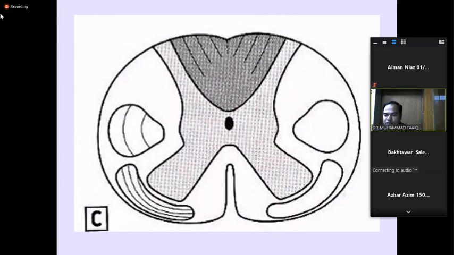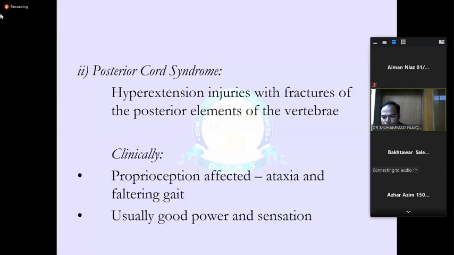So if this column is involved, the patient may develop some sort of proprioception deficit, ataxia, but because the corticospinal tract is intact and the spinothalamic tracts are intact, there will be no deficit in motor or pain and temperature sensory modalities.